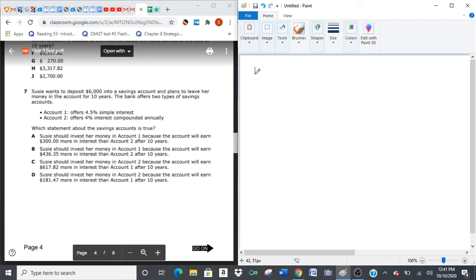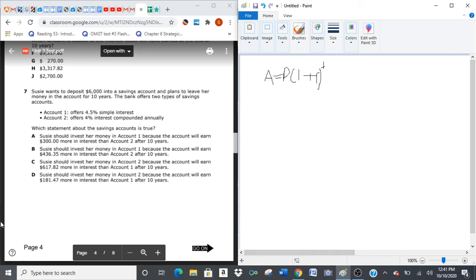So we have to do I equals PRT and compound. Let me write out compound. A equals P(1 plus R) to the power of T. All right.